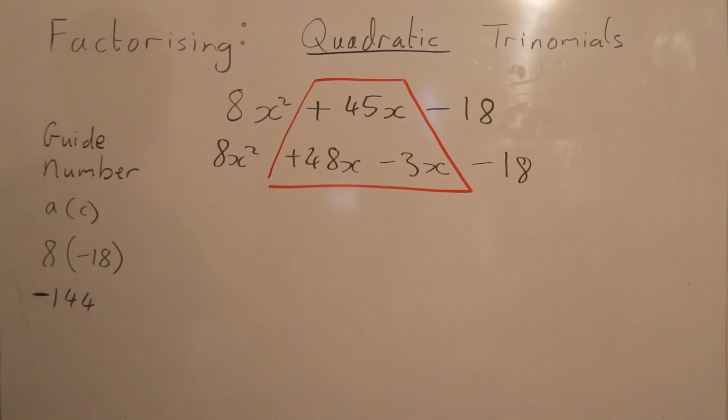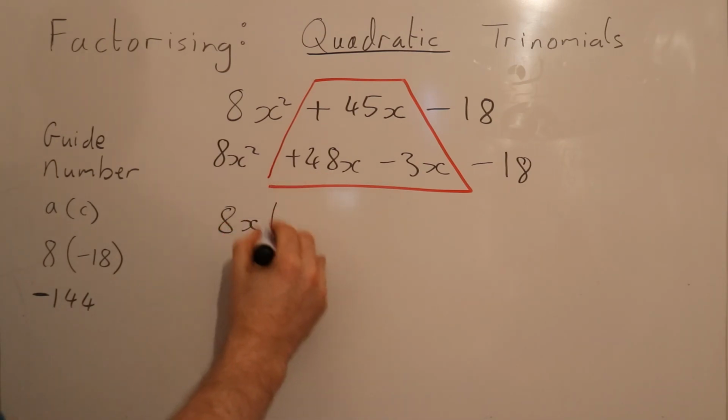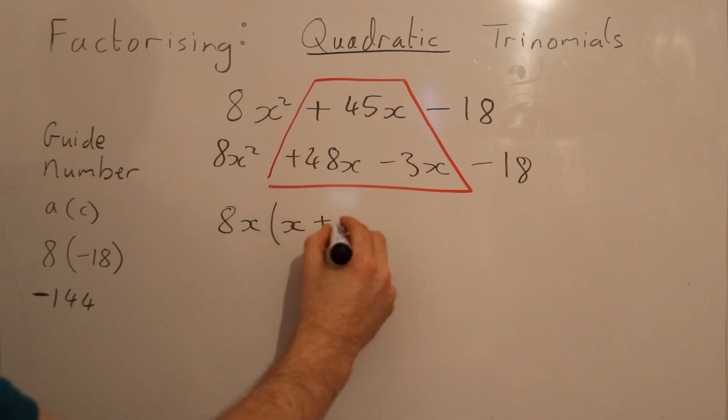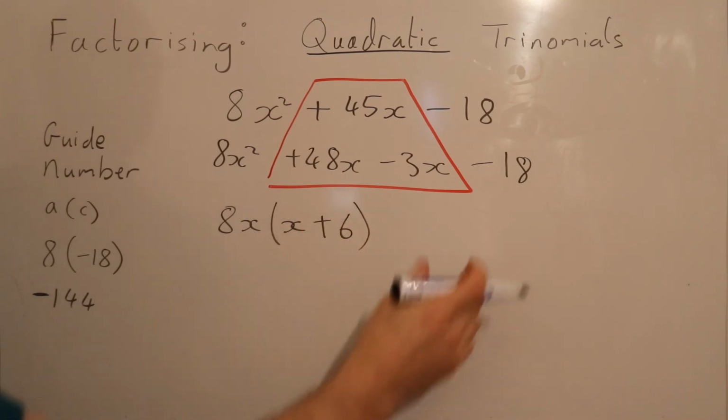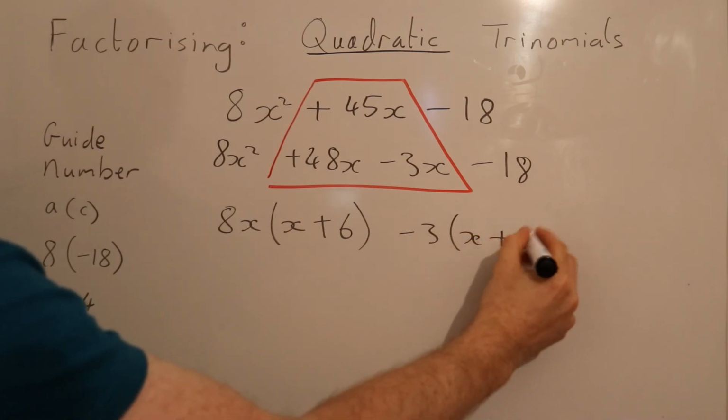We can now look at this as no longer being a new type of factorising, but from here we can solve it using grouping. So we're going to group these two terms together. Take out our 8x, leaving us x plus 6. Group these two together and take out minus 3, leaving x plus 6.